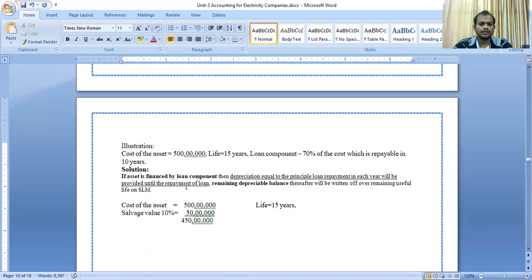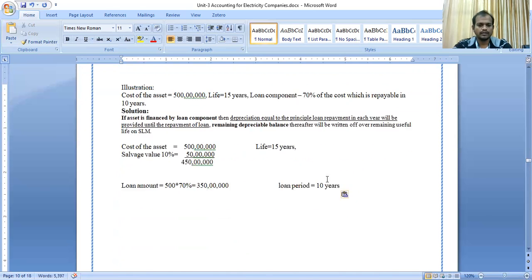It is 70% of the cost. The cost is 500 lakhs, and 70% of 500 lakhs comes around 350 lakhs. The loan period is 10 years.